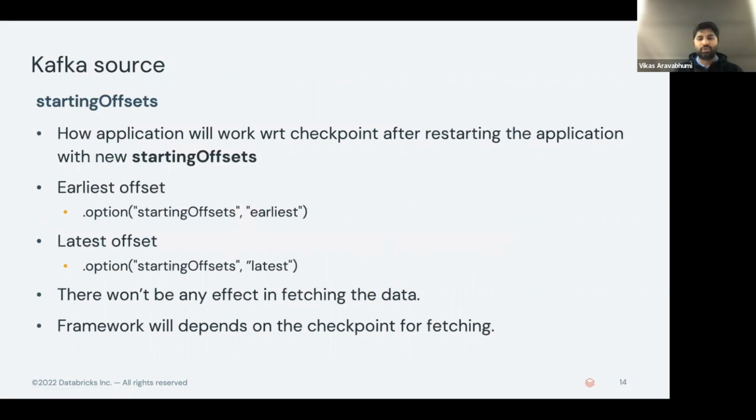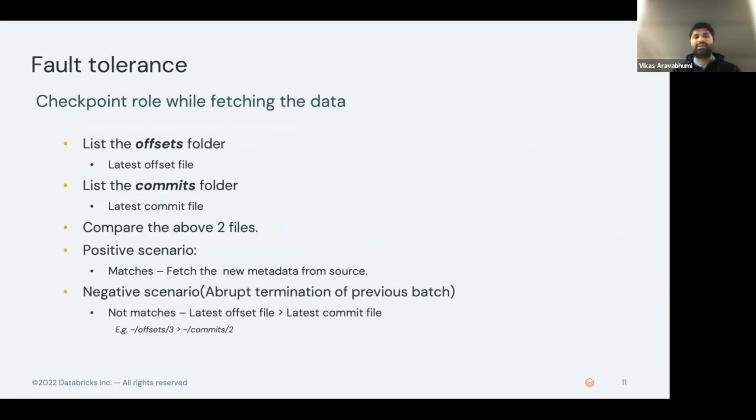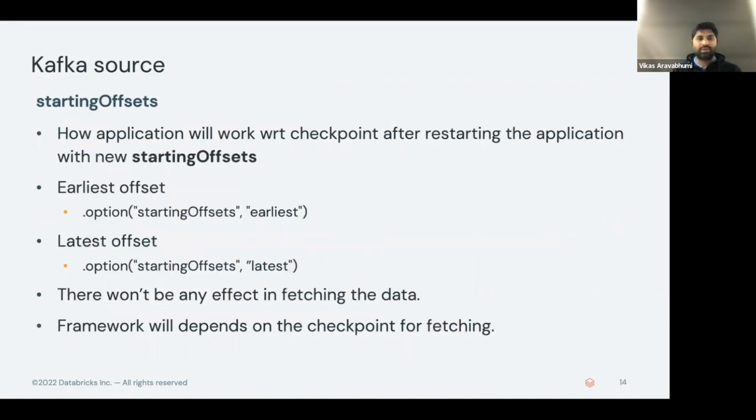Okay, so we discussed the good scenario and the negative scenario, right? Now, usually we'll see a lot of questions on this one: how applications will work with respect to the checkpoint after restarting the application with a new starting offset. Let's say the application was running and then terminated.